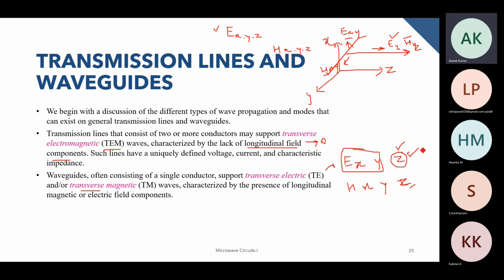The longitudinal component Ez is zero, and this is the case when Hz is not zero. So if Hz is not equal to zero, then we call this TE. And if Hz also becomes zero, then it will again become TEM.